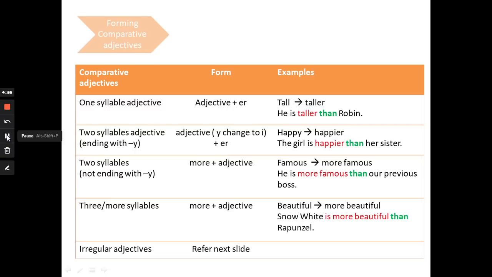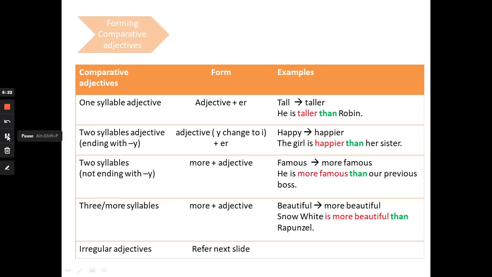Right, so this slide is about forming comparative adjectives. In order to change your adjective, you need to know that it depends on the number of syllables in the adjective. For example, if you have a one syllable adjective, example tall, then er is added when you want to form the comparative adjective. So from tall, it becomes taller.